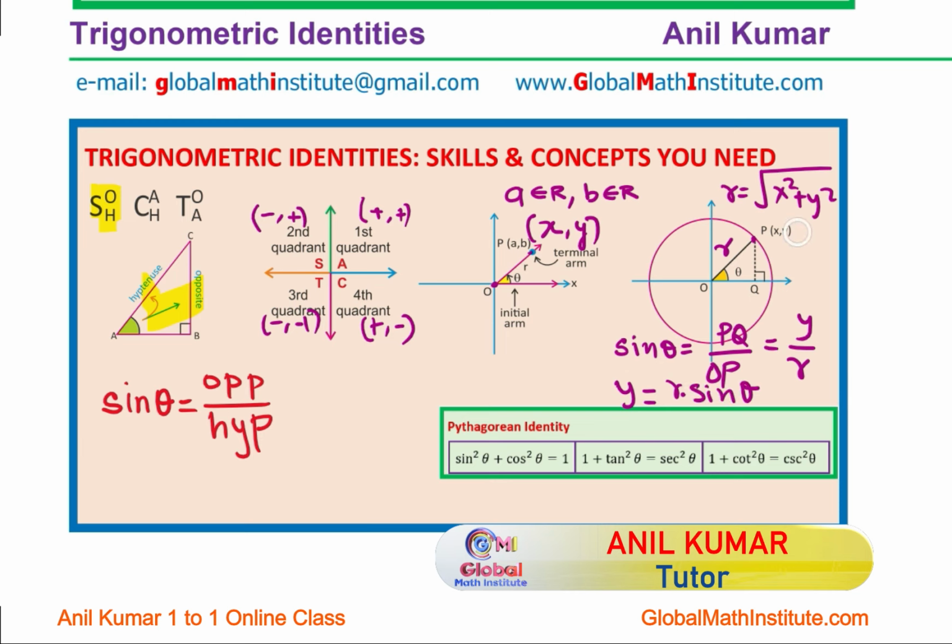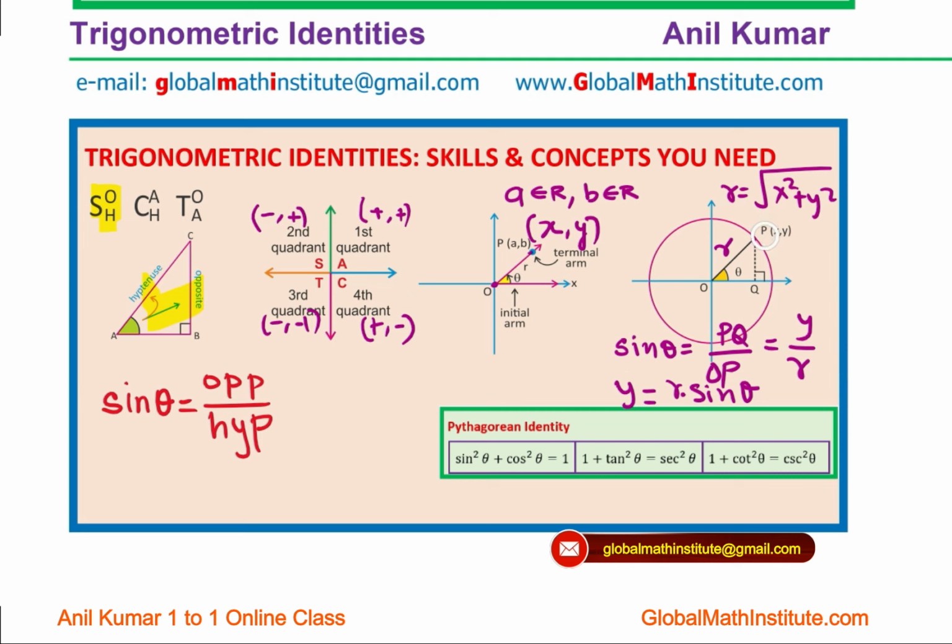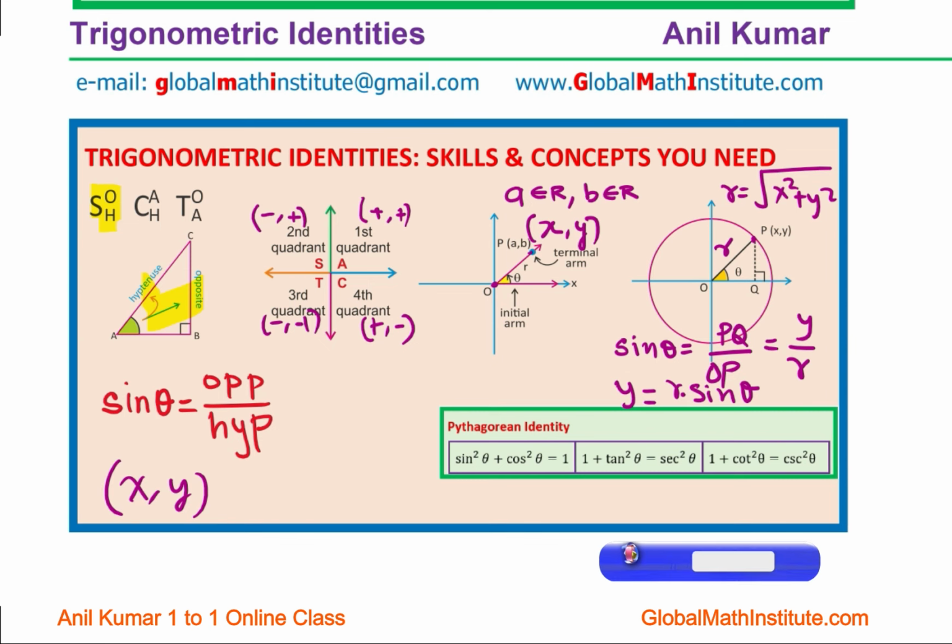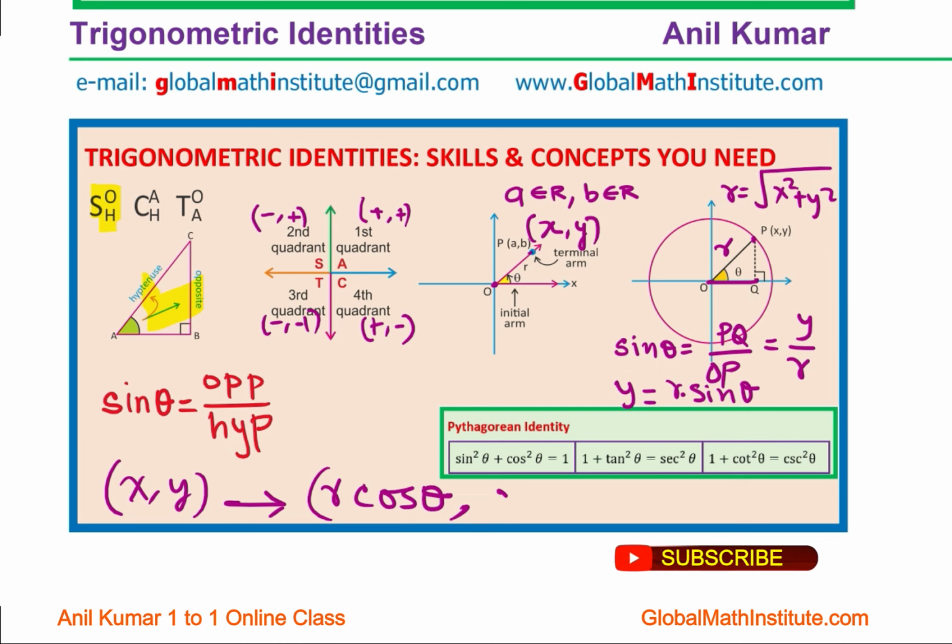So basically, any point (x, y) on a coordinate system can be represented in terms of sine and cosine. Remember this: if I have a point (x, y) on a coordinate system, it can be treated as r cos theta, that is the adjacent side, right? So the x value will be r cos theta and the y value will be r sine theta.